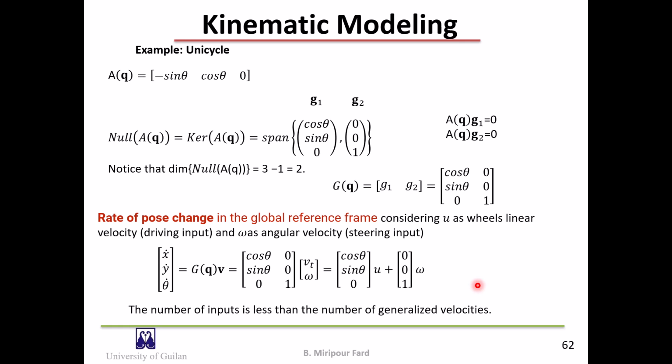The feasible velocities are defined by the subspace obtained from the null space of A. If you obtain the null space of matrix A, we will see that it is the span of two vector fields denoted by G1 and G2. Notice that the dimension of the null space of the matrix A is 3 minus 1 equals 2. 3 is the number of generalized coordinates and 1 is the number of constraints.